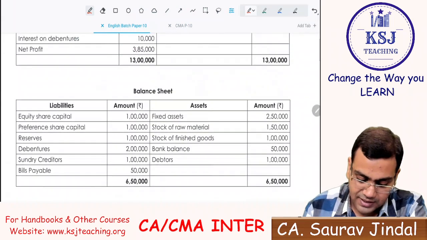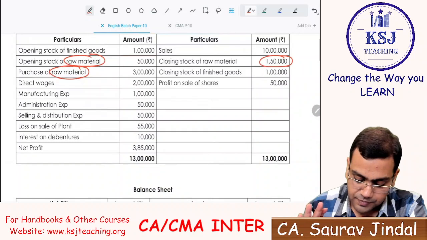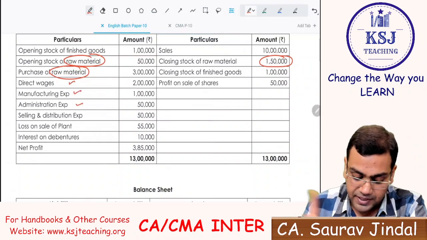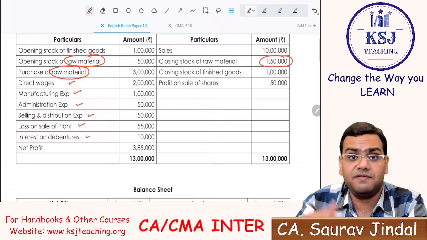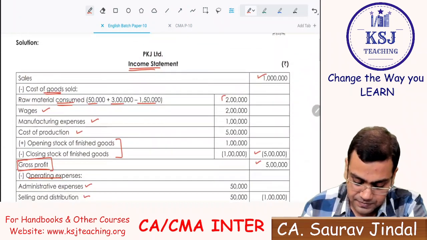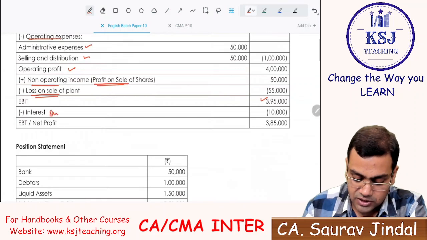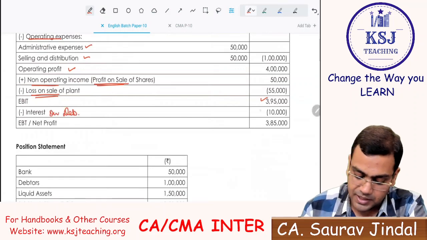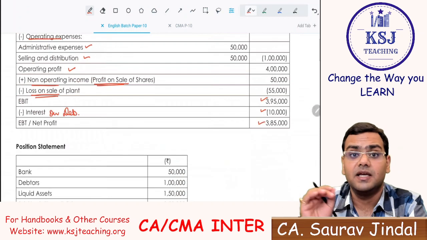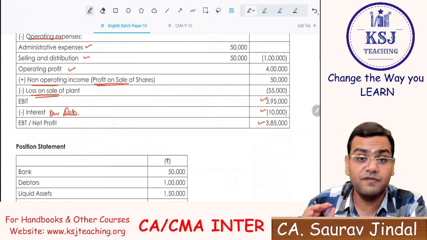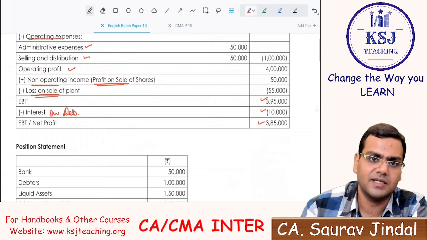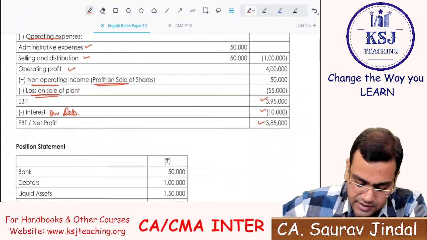So this was direct, this is indirect operating, this is non-operating, and interest on debentures comes after the EBIT. EBIT minus the interest on debentures gives you the EBT, the net profit before taxes. After that, you pay the taxes and you get EAT, earnings after taxes.